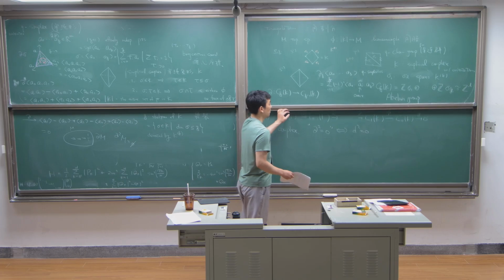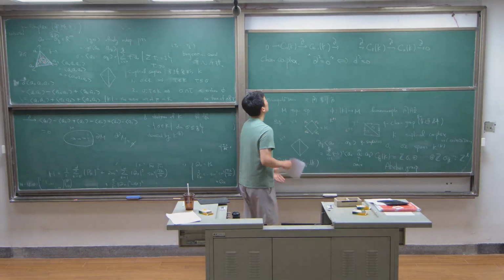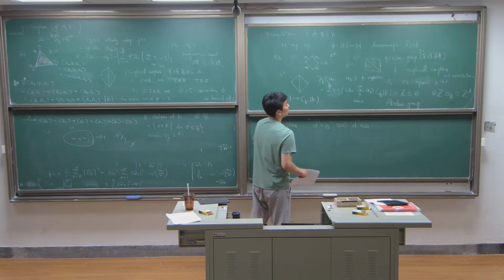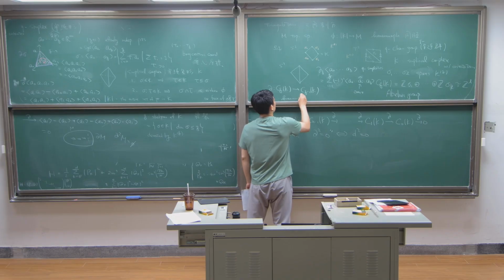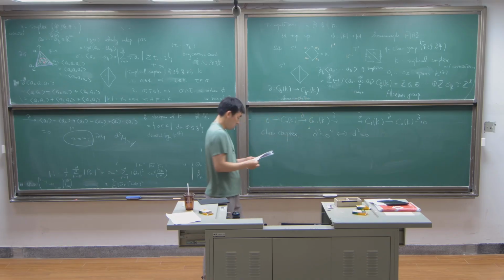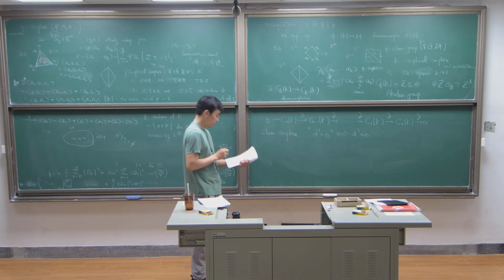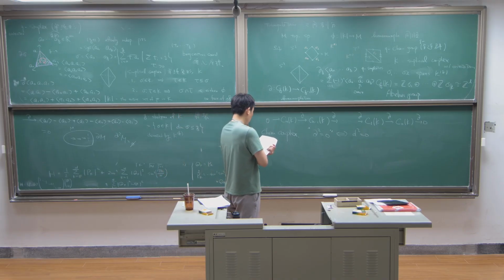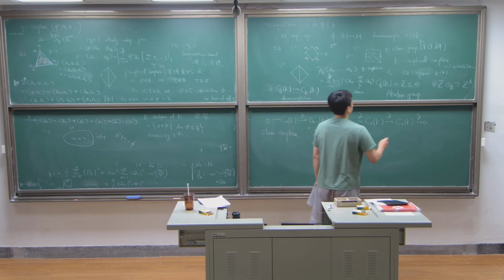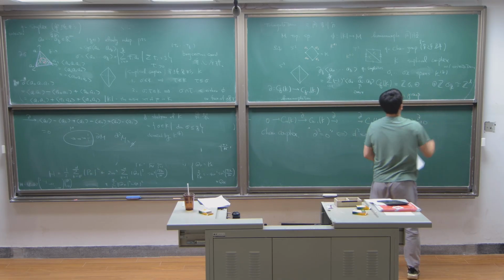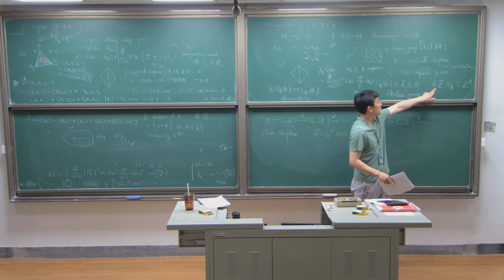So this means that, by the way, this is a homomorphism, in the sense that this is the abelian group spanned by Z sigma 1 through Z sigma l.